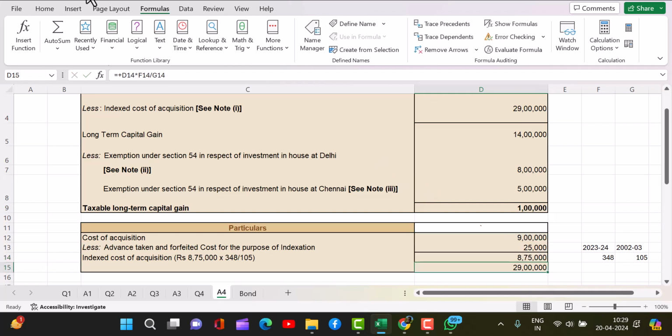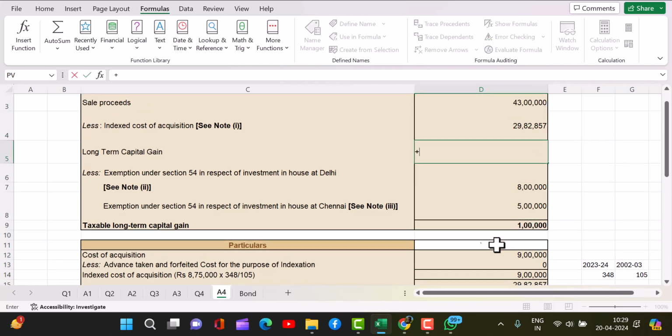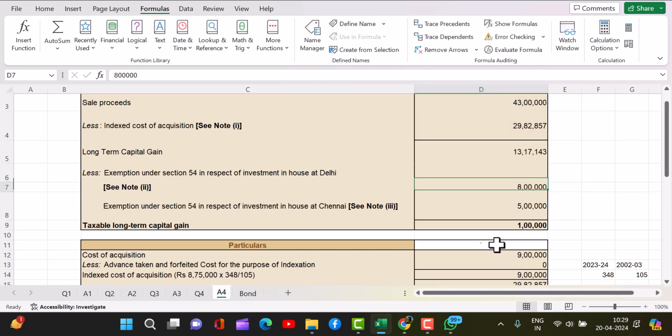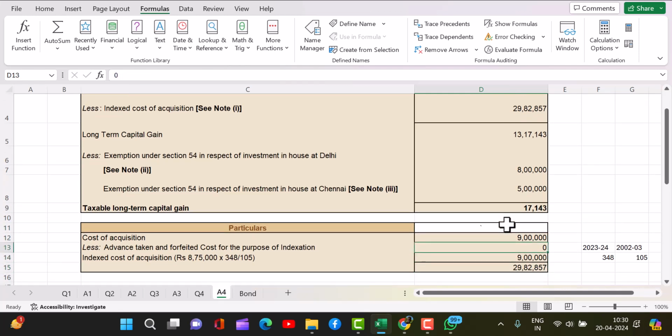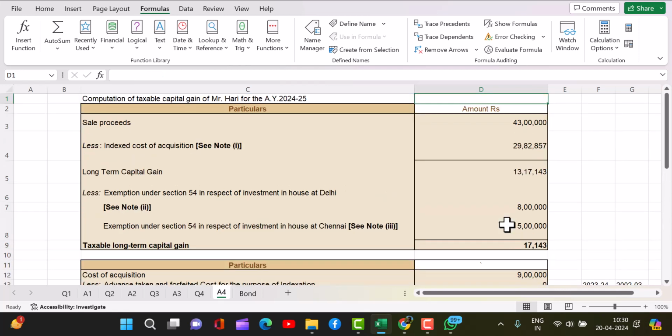Let me just put all the formulas. So in this case, the long-term capital gain, so this has reduced the capital gain of 43, 43 minus 29. Yeah, is it okay?